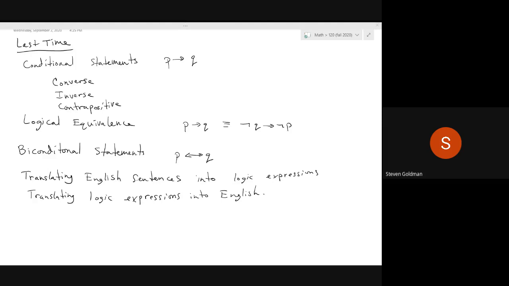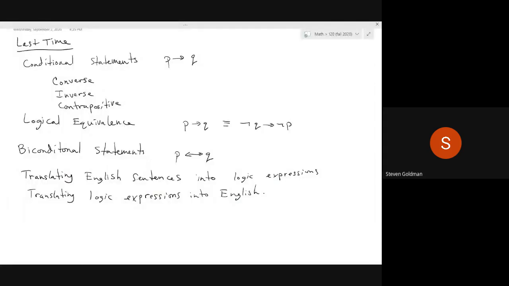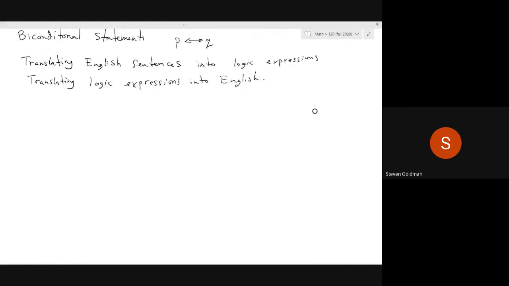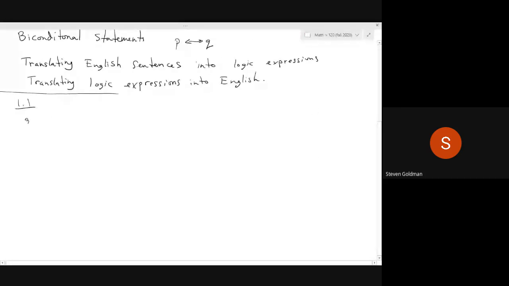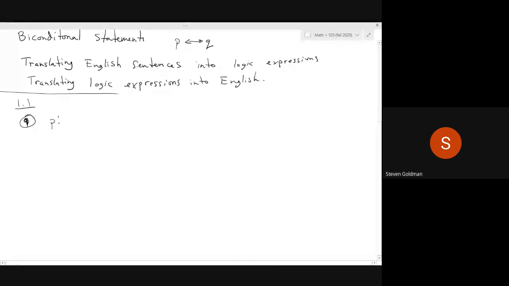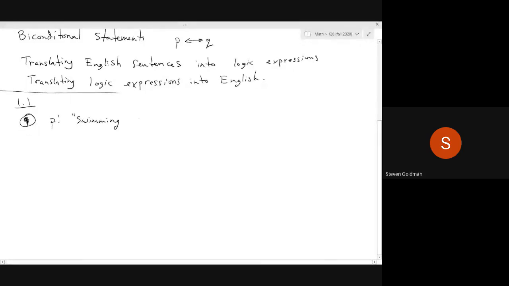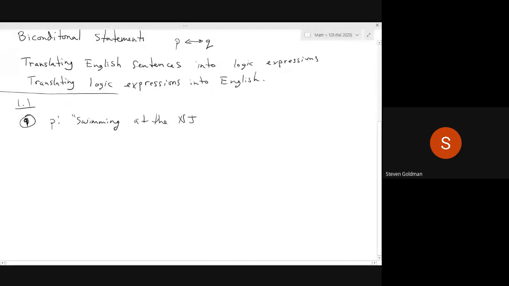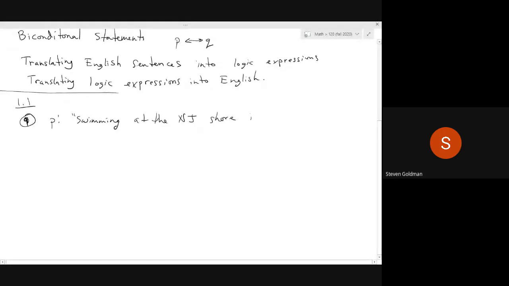Okay, so let's start with 9H here. In question 9, this is in section 1.1. You were told the following. P and Q are the propositions: swimming at the New Jersey shore is allowed, and sharks have been spotted near the shore, respectively. So P is the statement, swimming at the New Jersey shore is allowed.